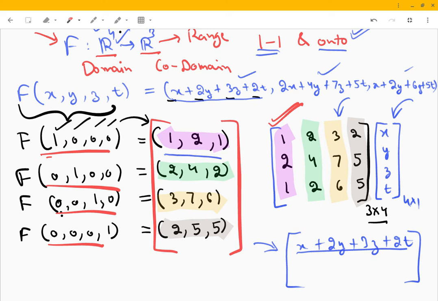So the transpose of this transformation matrix will represent the image space when we take the standard basis. Okay, and this plays a very important role in what I'm going to do next.